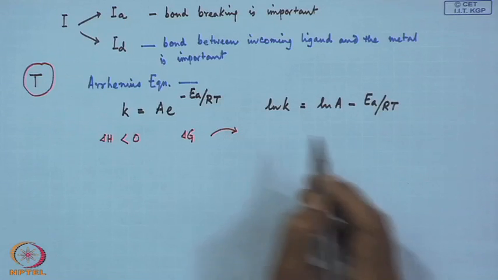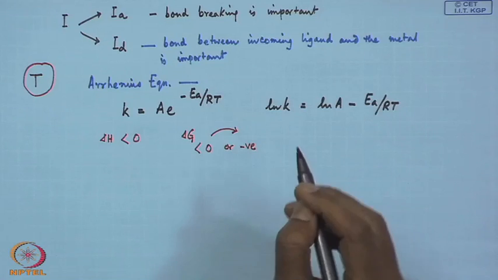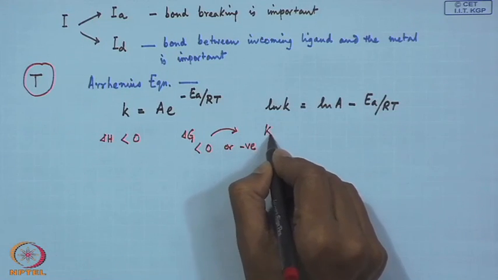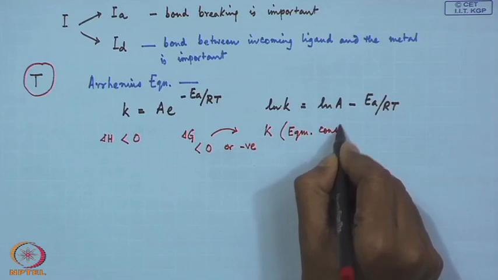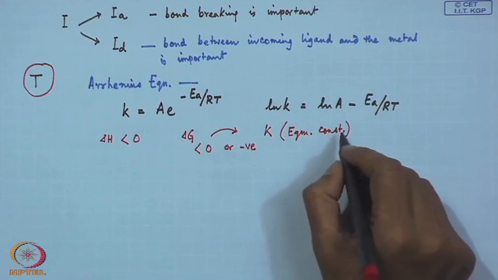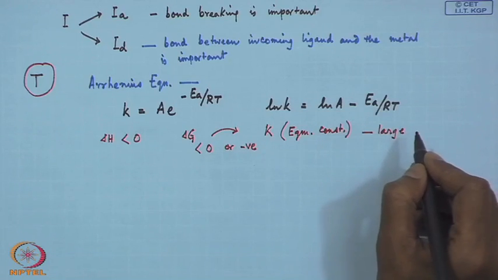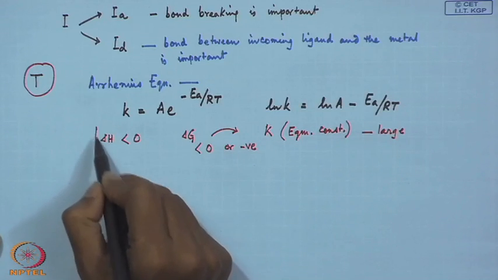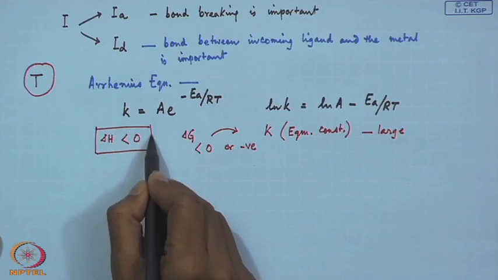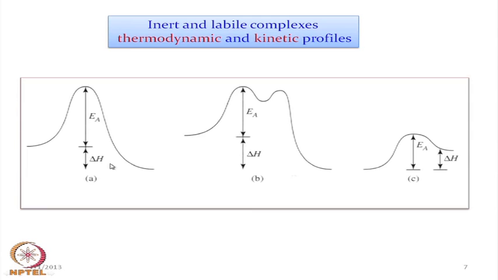And if this is negative, that means less than 0, we have the equilibrium constant K, and this equilibrium constant would be large. So, whenever delta H is less than 0, delta G is also less than 0 and we have a large equilibrium constant.